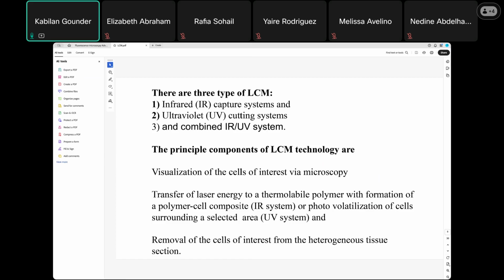So this technique is visualization of the cells of interest through your microscope. When you look under the light microscope, you can see the structure. When you look under the fluorescence microscope, based on the fluorescence, you can see the expression of your target.